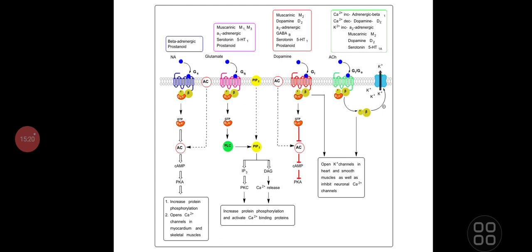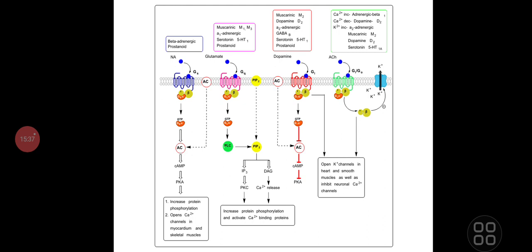After GTP attachment on the alpha site, it detaches itself from the beta and gamma subunits, and this GTP containing alpha subunit goes to activate adenylyl cyclase.